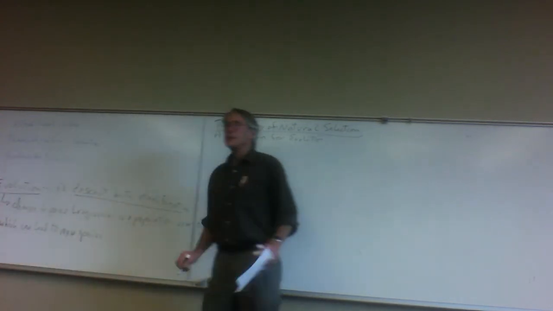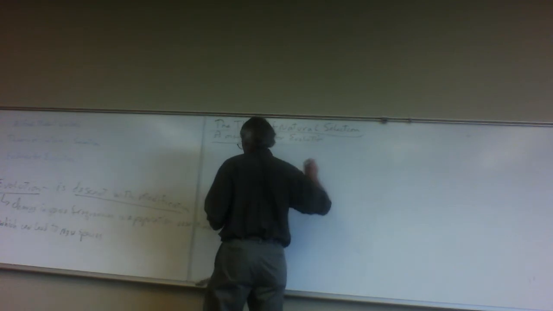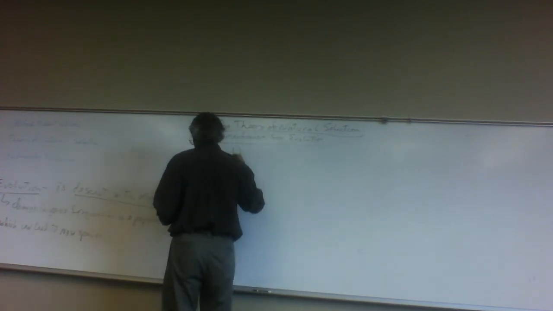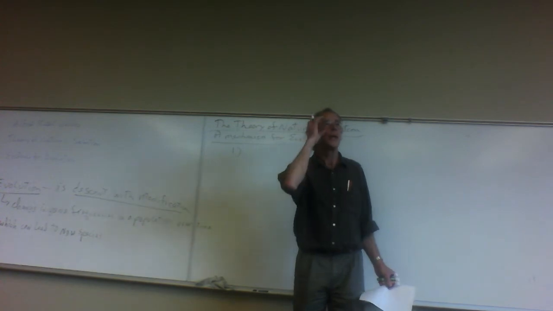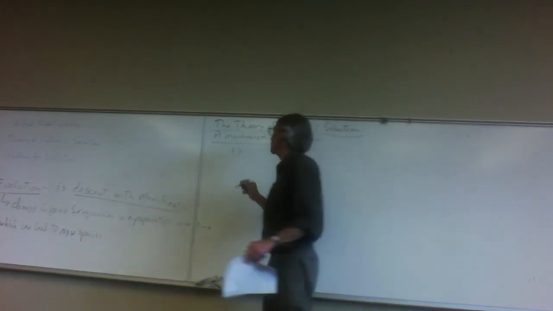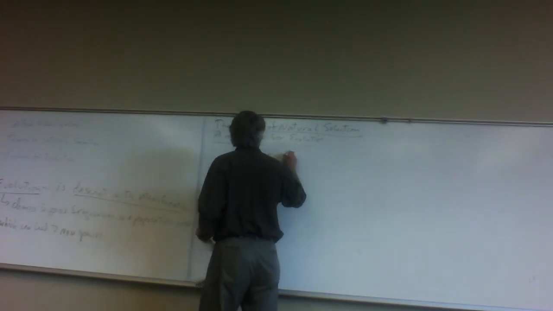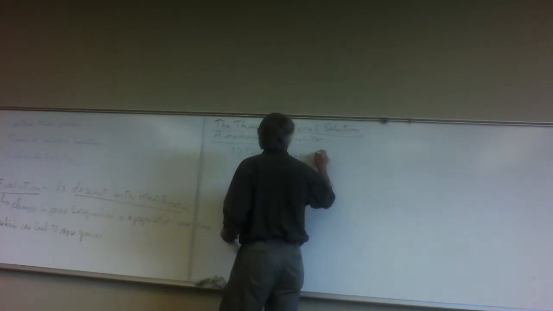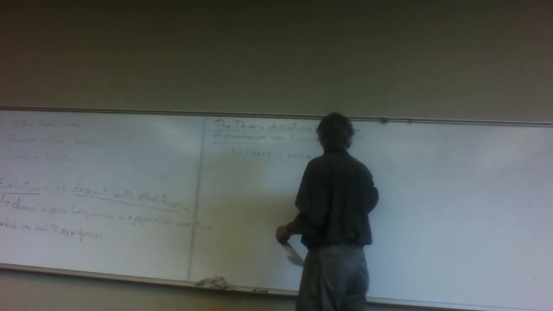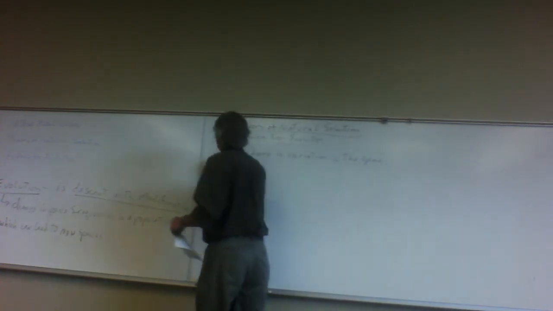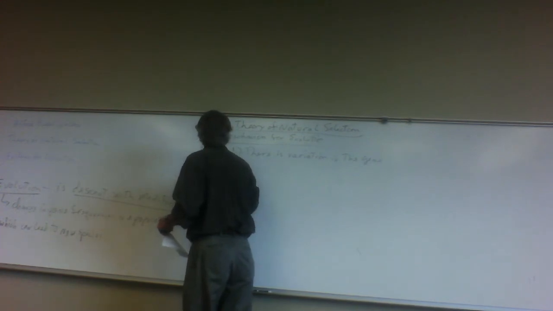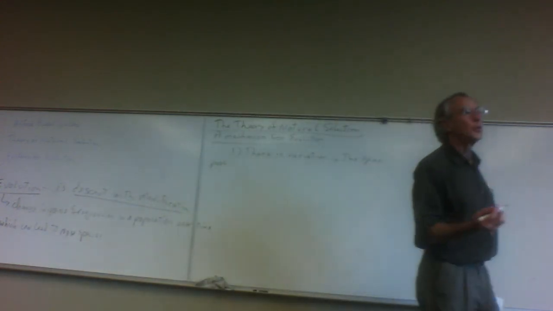All right. So let's talk about the theory of natural selection, this mechanism, as I said. So 4 basic ideas. There's variation in the gene pool. We've been talking about that in the last couple of lectures. By the way, when we say the gene pool, if I talk about the gene pool of humans, it means all the genes that are present in the human population at the moment.